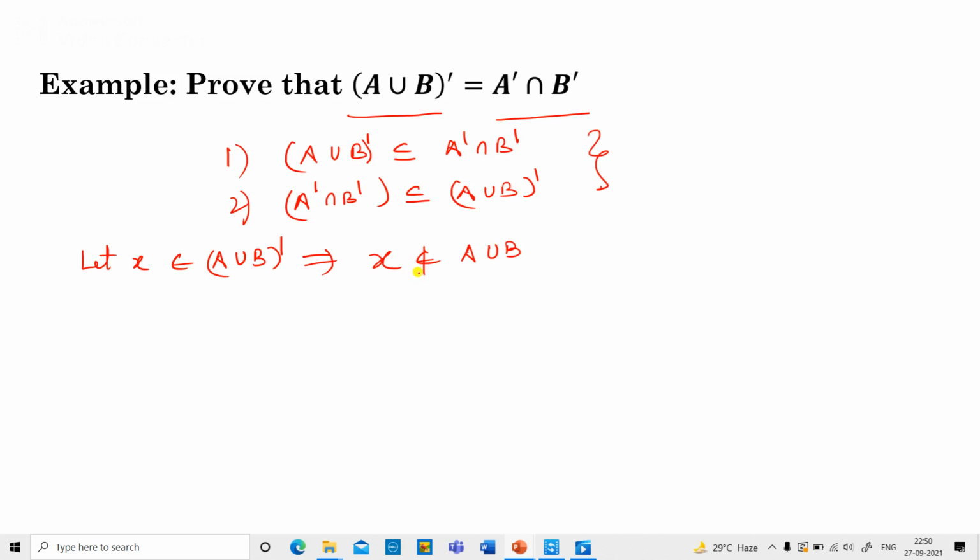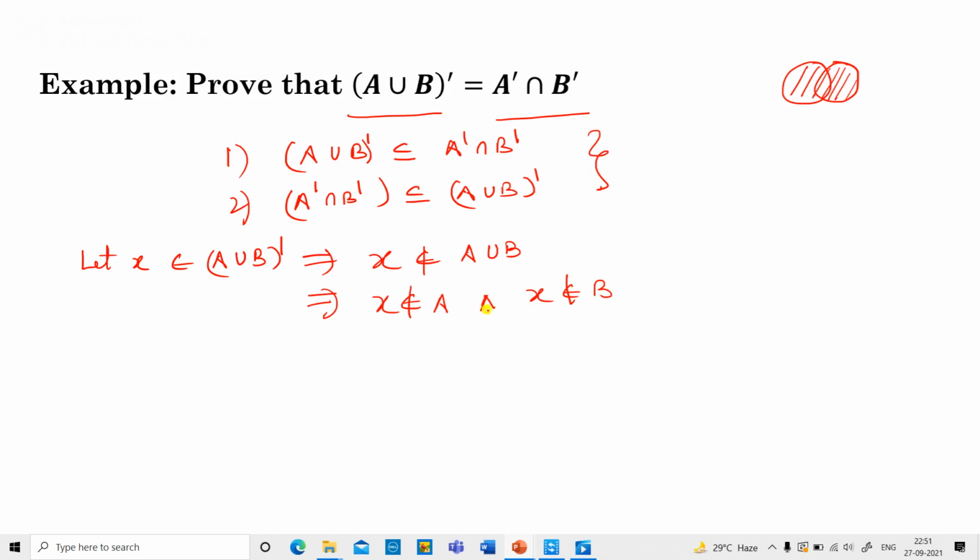That is, X does not belong to A union B. X is not a member of this one. It means X does not belong to A and X does not belong to B.